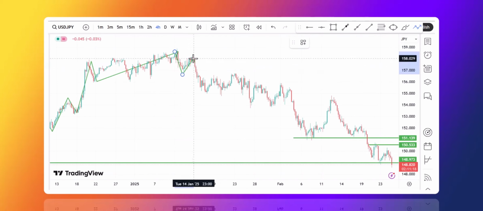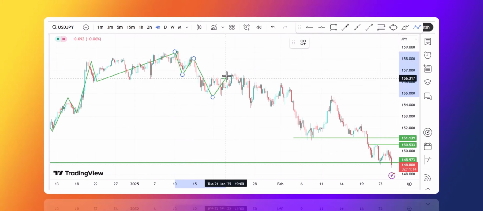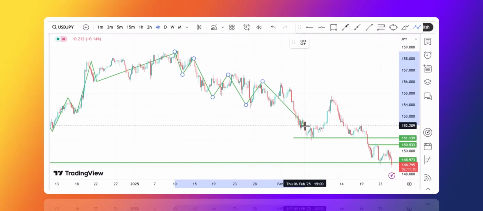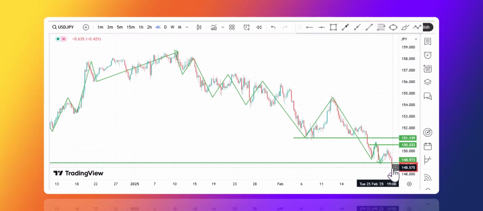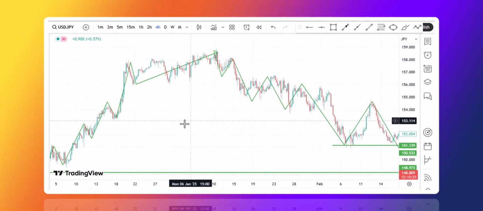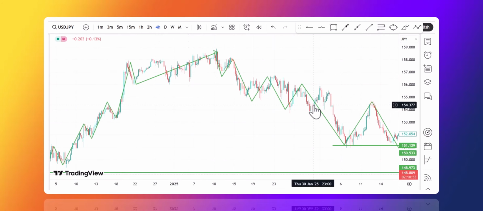So we have lower high, lower low, lower high, lower low, lower high, lower low. Okay, we have lower high here, lower low, lower high, and this is the last lower low, because these have to close below this. Okay, so we have identified, okay, this is an uptrend, this is a downtrend.